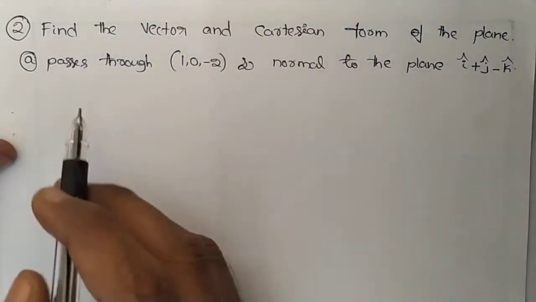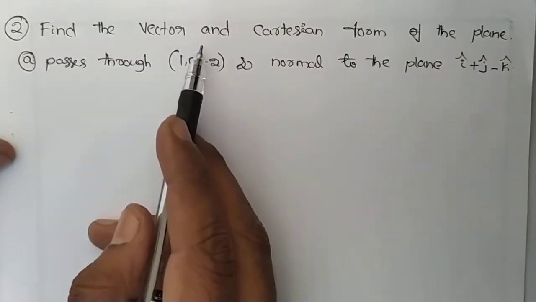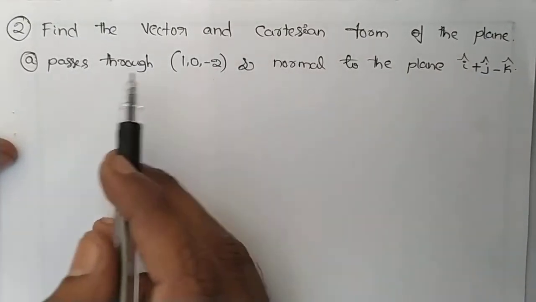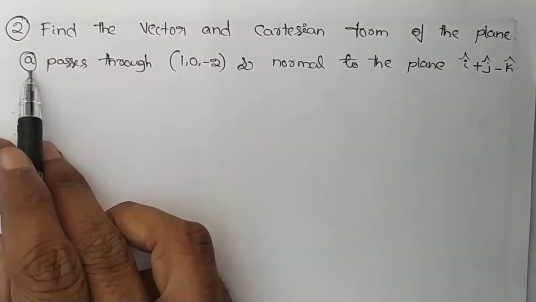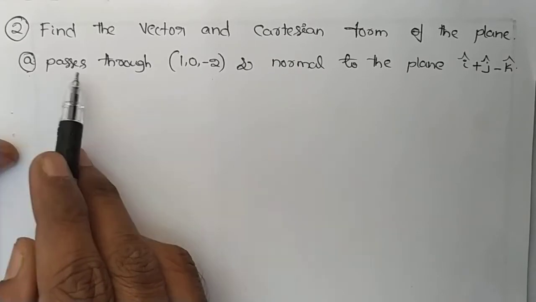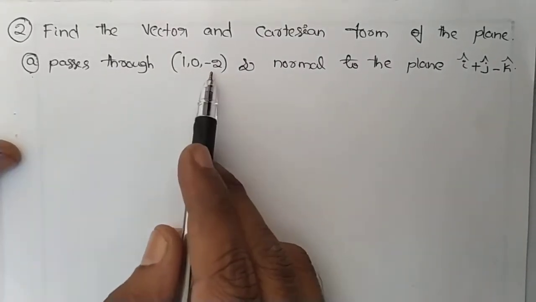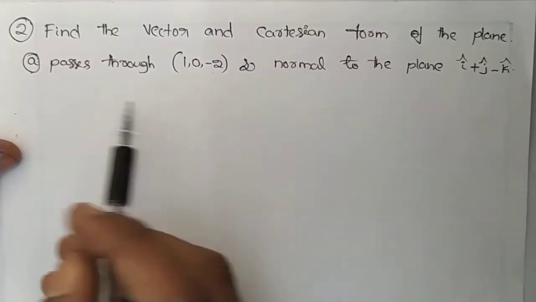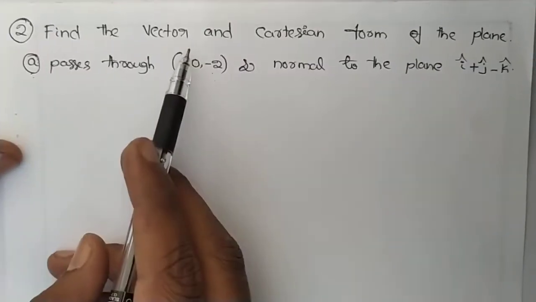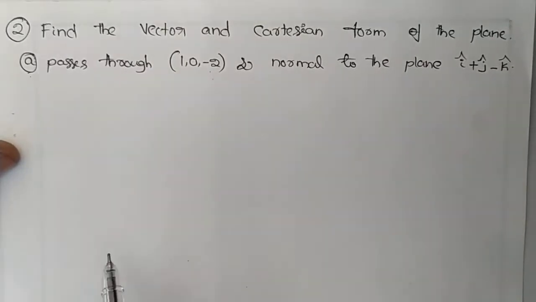Here we have the problem: find the vector and Cartesian form of the plane. We have two sub-questions. The first one is a plane which passes through 1, 0, minus 2 and is normal to the plane i cap plus j cap minus k cap. We have to find the vector and Cartesian equation of the plane.